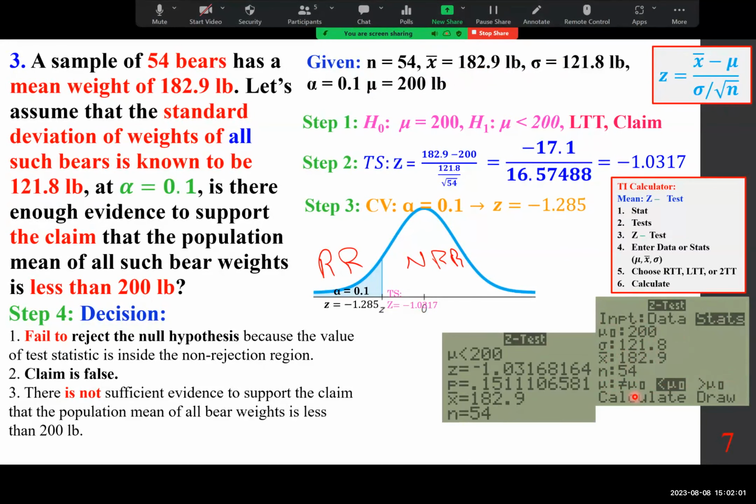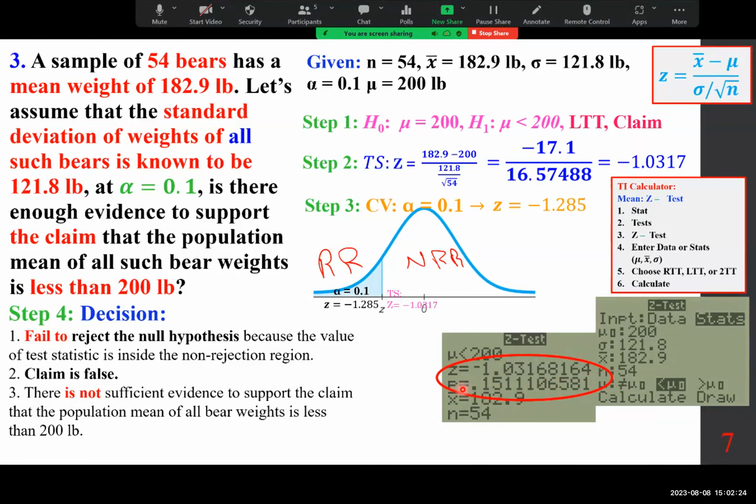Now notice what it gives us. I want to make sure we understand. Number one, this number, which says Z, is your test statistic. This P is the p-value. So the p-value is 0.1511.